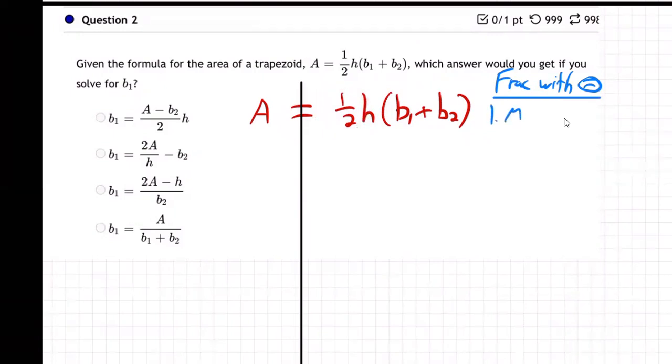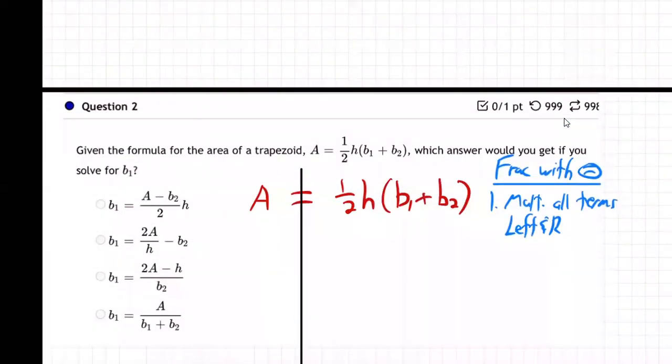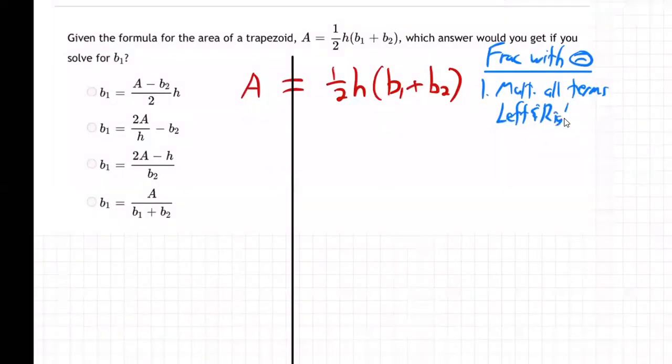Well, we multiply all the terms left and right by the LCD over 1.